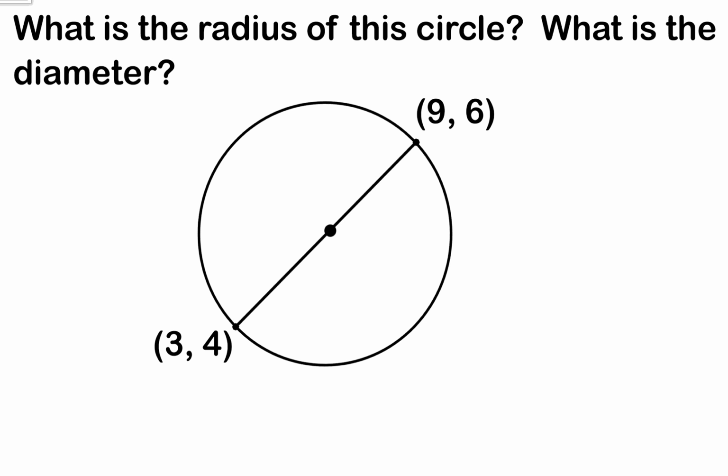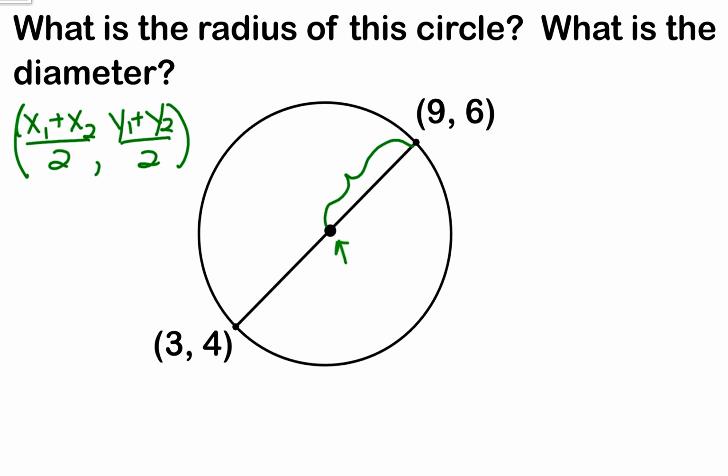Now they're asking me for the radius and the diameter of this circle. Well, I know that the radius is this measure here, but I need this point to be able to find out how long that is. So what I would do is actually find the center or the midpoint of this circle. So again, I'll use that midpoint formula. I'll label my points.